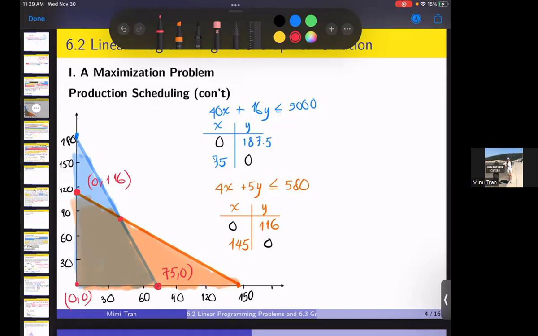All right, so far so good. We're gonna plug into a calculator to figure out this point right here, unless you want to do it by hand.